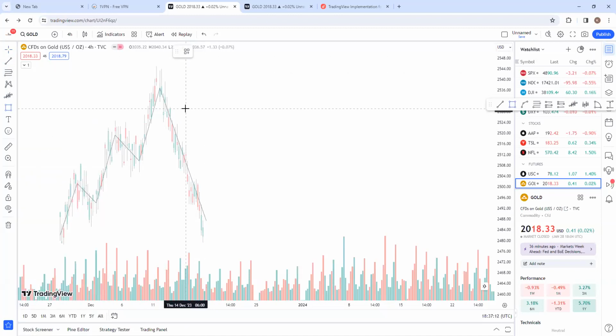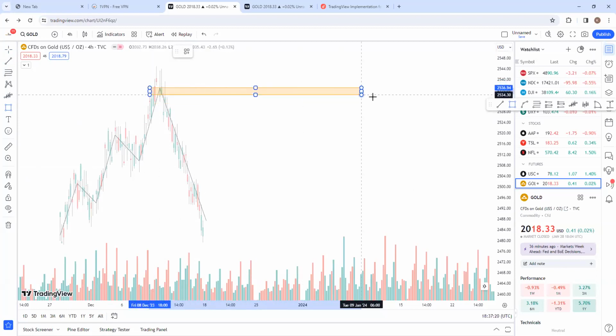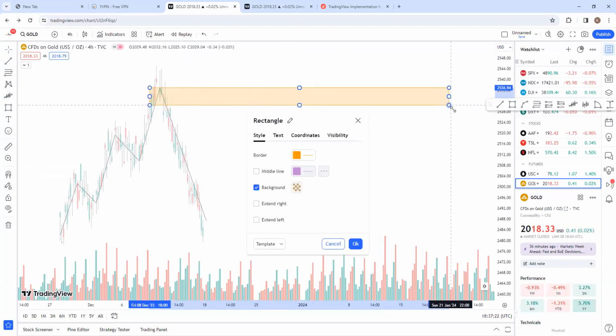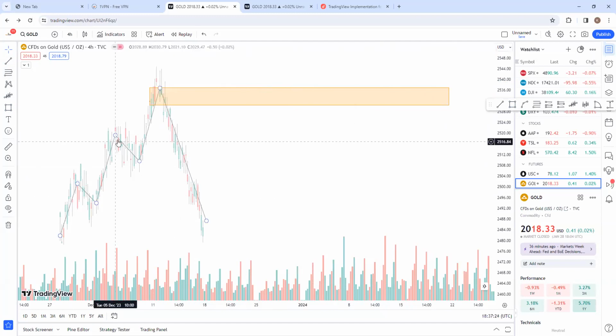Here we can see our last buy was somewhere around this point here, before we started selling. Now we mark that whole candlestick, and when we mark it, we call it an order block. Why? Because it's one of the reasons why we started selling from that point, from that candlestick. That was the last candlestick that we witnessed buying before we sold.